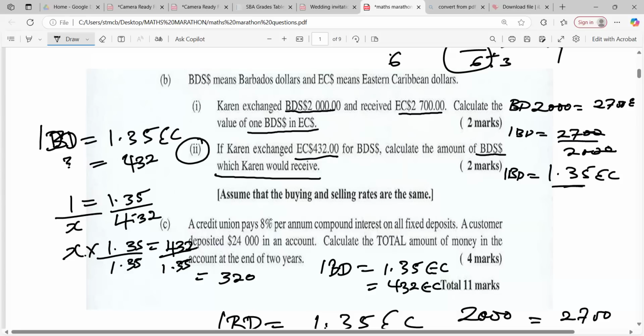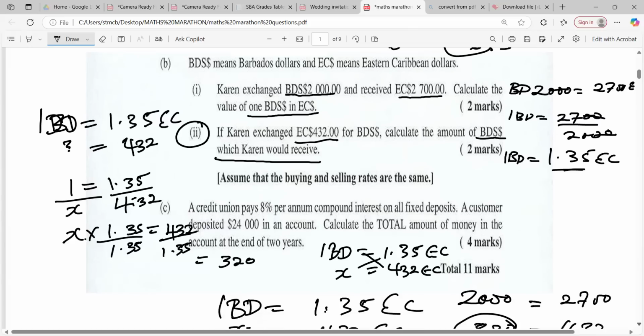So we're going to convert this to Barbados. We could make this x and just cross multiply, and it will automatically work itself out. So what I did was x times 1.35, which gives us 1.35x, and then 432 times 1 gives you 432.